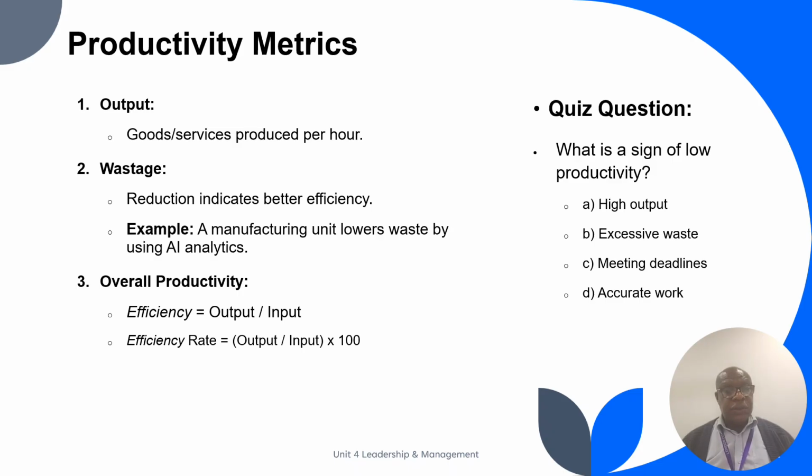So people now use an AI-derived process route for producing or giving a particular service, and by so doing, it eliminated mental calculation, giving a more quantitative measure, and by applying that, it showed efficiency and high productivity. Overall productivity can be measured in this format. Mathematically, efficiency equals output over input, and the efficiency rate is that multiplied by 100.